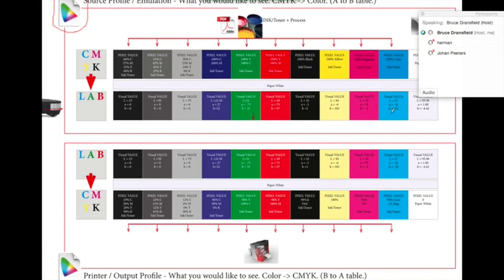So this is the colour I'd like to see. And then our printer profile has those colour values available, and then has a translation table giving a separation value on that printing process which will allow that to happen.